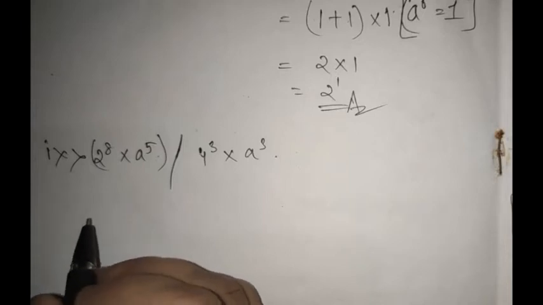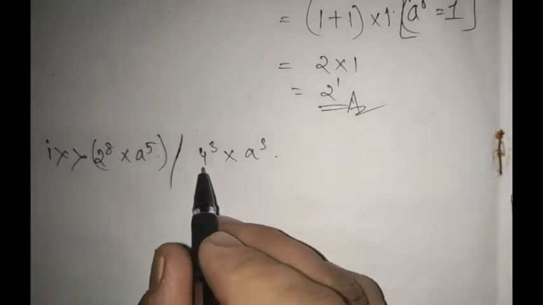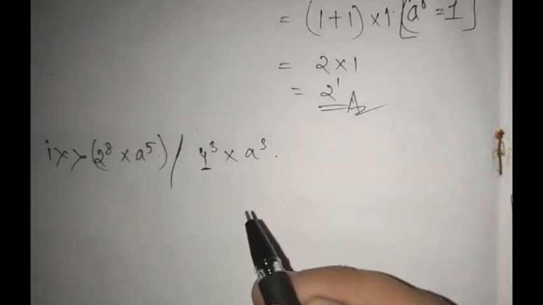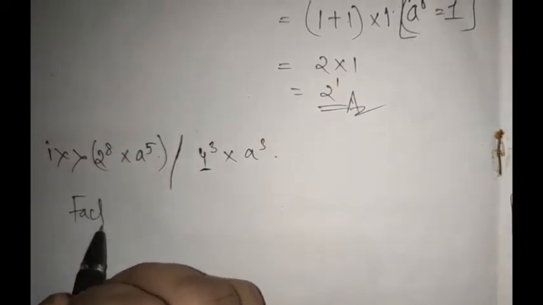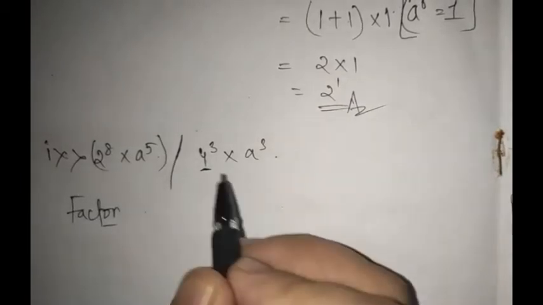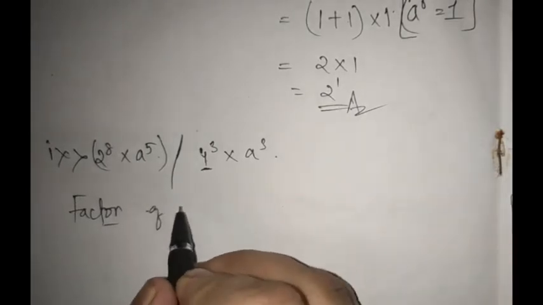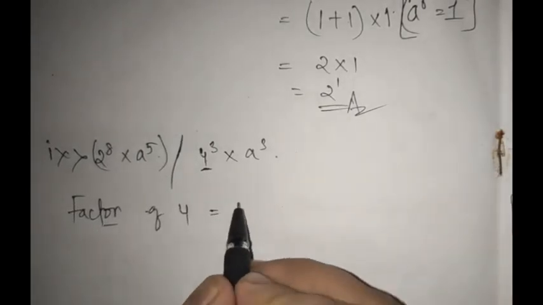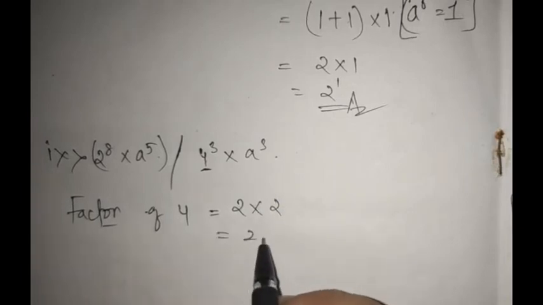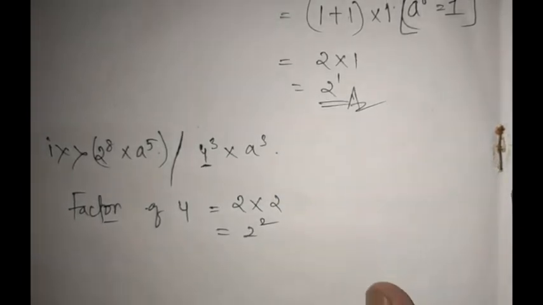Okay, so 4 cube, just see, 4 is not in prime form, so we have to convert this into its prime factors. The factor of 4 is 2 into 2, that is 2 square, isn't it? Right?